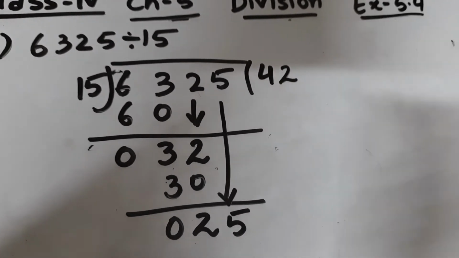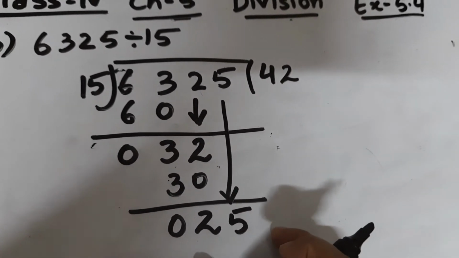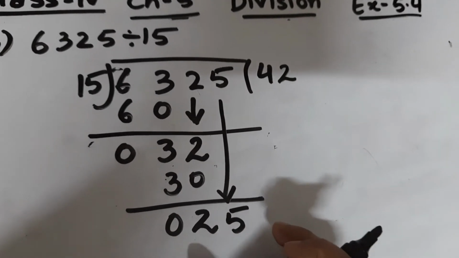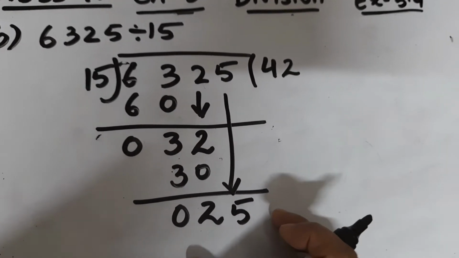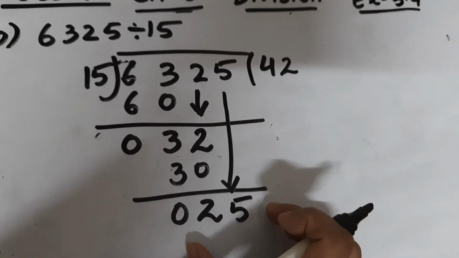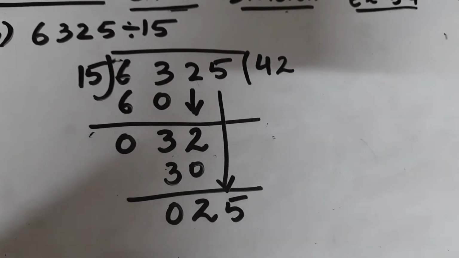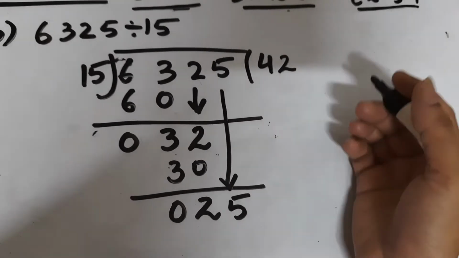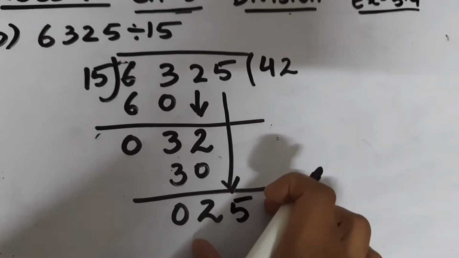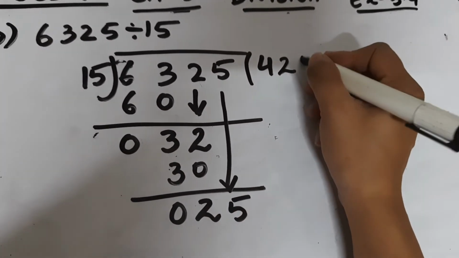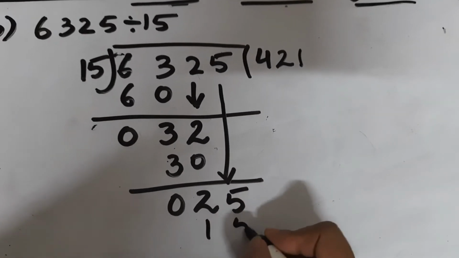Now does 25 come at the table of 15? No, 25 doesn't come at the table of 15. So we will take a number that is just smaller than 25 and comes at the table of 15. And that is 15 itself. Because 15 twos are 30, that will be greater than 25. So we will take 15 ones are 15.